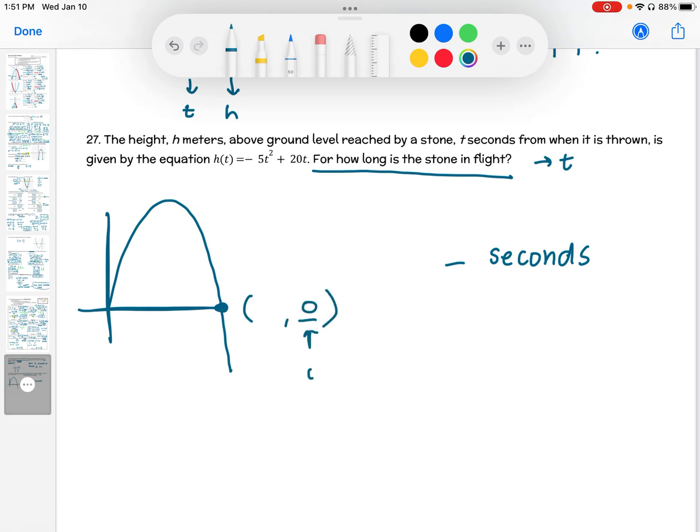So our height is 0. How long does it take to get back to 0? On this graph, that happens at (4, 0). So it takes 4 seconds to hit the ground, or it's in flight for 4 seconds.